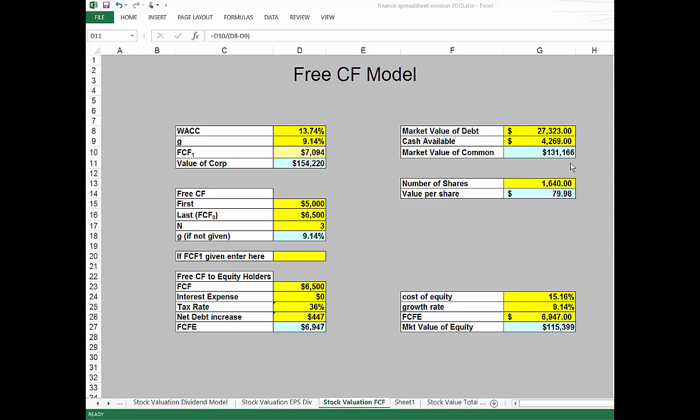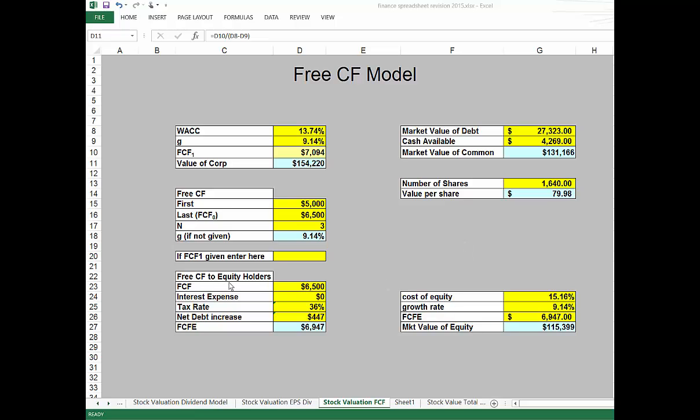In this case, it's $133 million. They have 1.64 billion shares. The value of their stock then, doing the calculation, is $79.98.